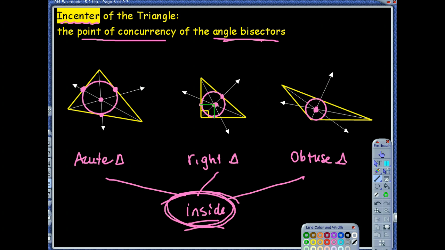Well, I know that those are radii, because the distance from the center of a circle to a point on the circle is a radius. And I know that those are congruent, because radii are all equal. But I'm also thinking of the fact that when you're drawing that distance, it's also intersecting that triangle. And when I'm talking about the distance from a point to a segment, it's the perpendicular distance.